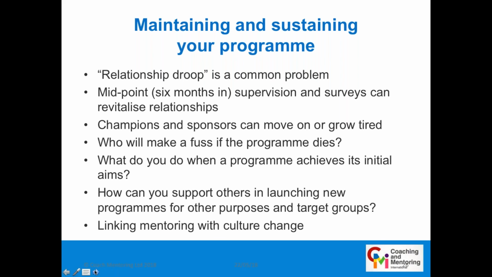I think this question around who will make a fuss if the program dies is a lovely one, because that really cuts to the core in terms of how the program's being received. And it's a good one for anybody involved in a program to ask themselves occasionally. I find the saddest thing with programs I have been involved in, and this is often because people move on and you lose your sponsor or you lose the main driver and energy behind the program, is that programs do just disappear.